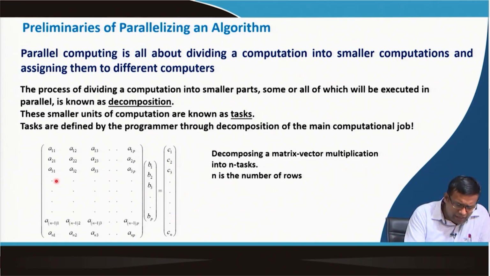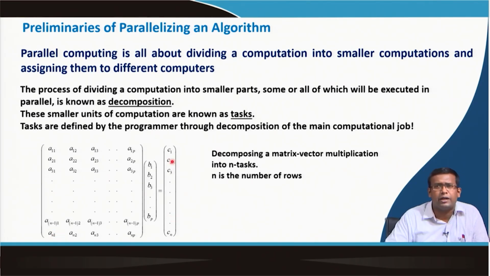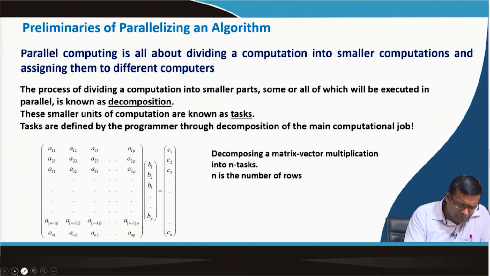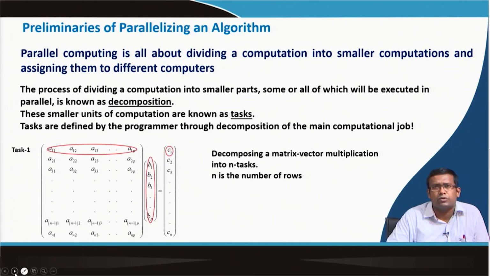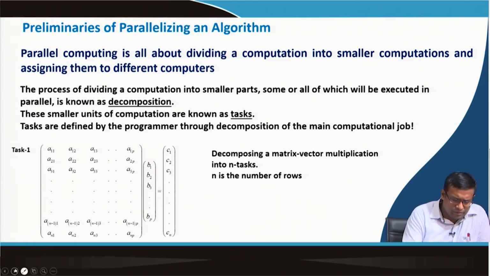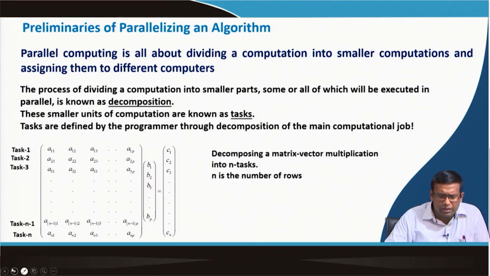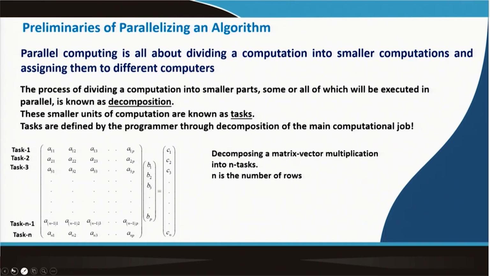So if there are n rows, there can be n tasks. Each task is finding one element of the right hand side vector. Like this is my task 1, and we can decompose it into n number of tasks. Similarly, as there are n operations, there can be n tasks.